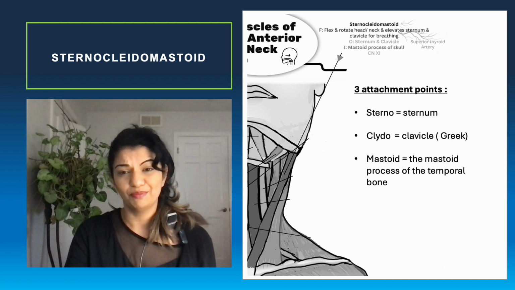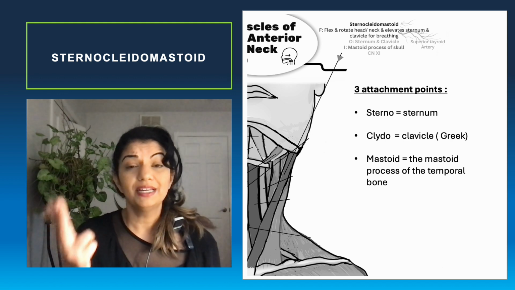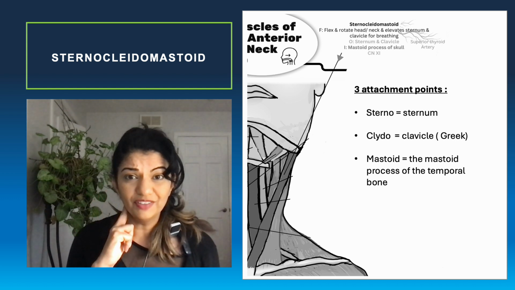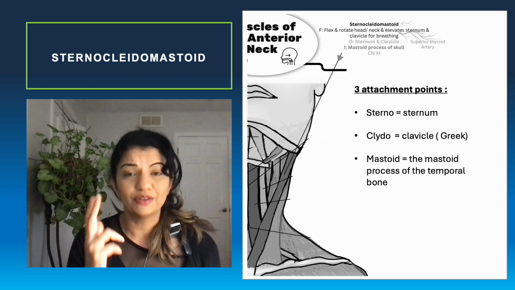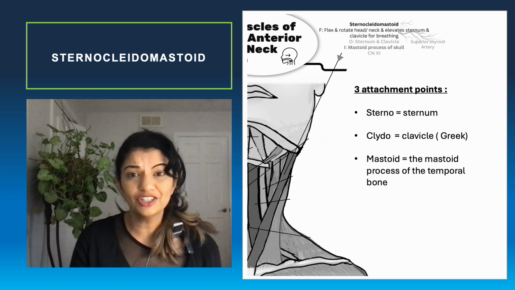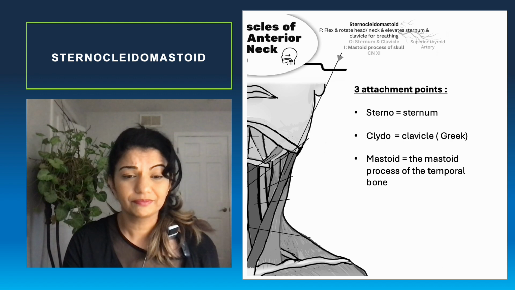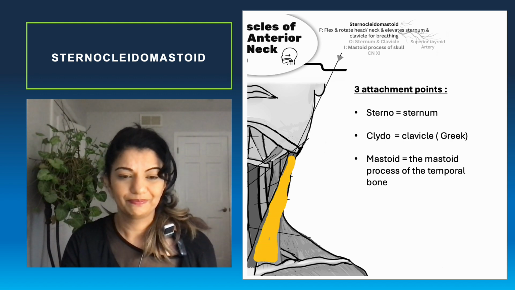That's another component that often we don't think about. But it's very easy to palpate, and this can actually help you with action. So pop your fingers in the right spot and do those flexion, extension, rotation activities with your neck to feel what's going on. Okay? So that was the sternocleidomastoid muscle.